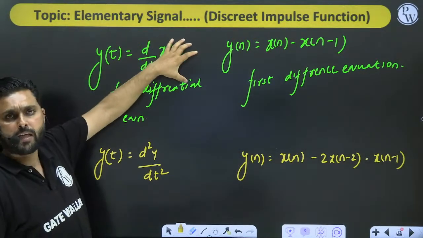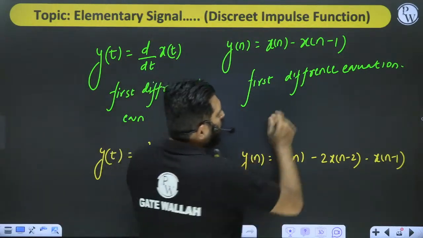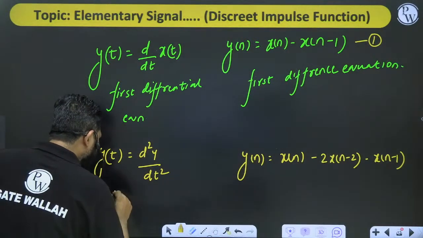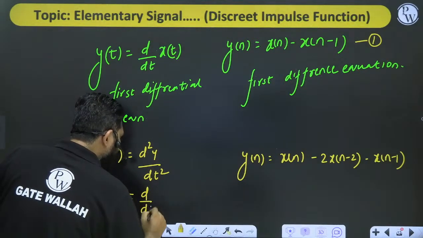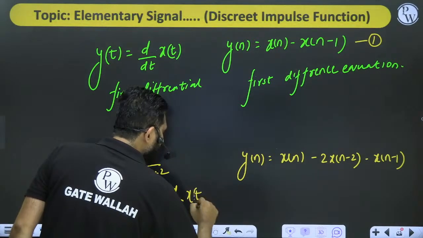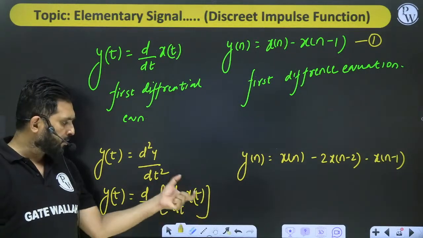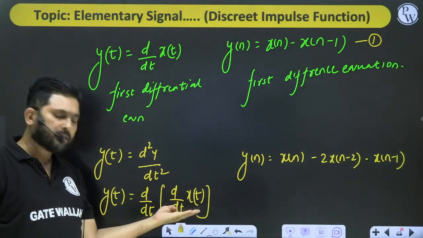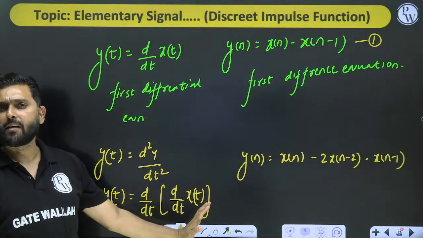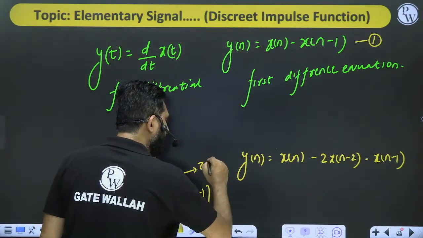See, d by dt of x(t). Now you have to consider this as equation number 1. You can write this as y(t) equal to d by dt of x(t). Let's consider this as some function, let's assume this function to be z(t), whatever.